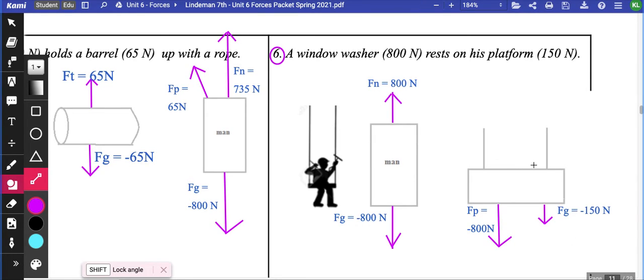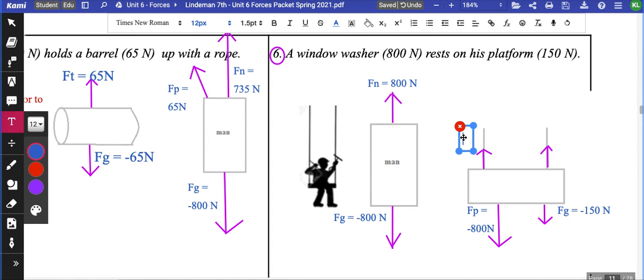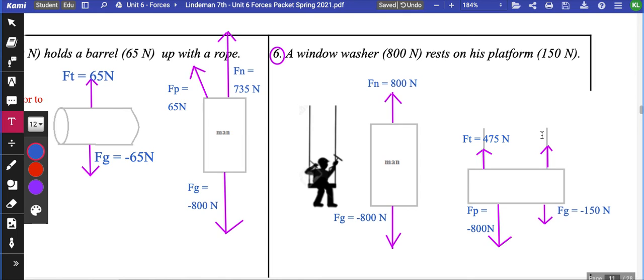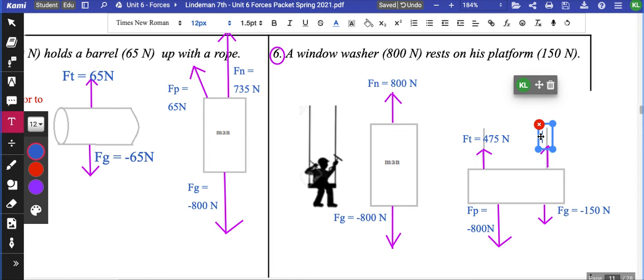That's how we get the tension forces. Okay, so tension forces always go along the rope or cable or whatever you have. But you need to split it up according to how many you have. Okay, so we do not have one tension force that's equal to 950. We have two tension forces that are equal to 475.